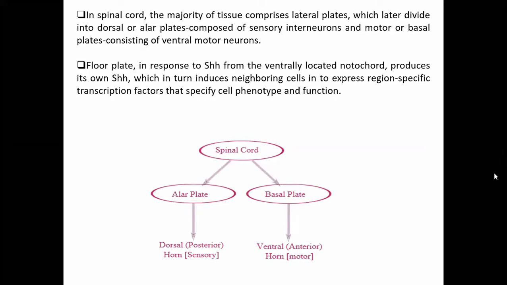In the spinal cord, the majority of tissue comprises lateral plates. So your spinal cord comes from your longitudinal dimension. It divides into dorsal or alar plates, which are composed of sensory interneurons, and motor or basal plates consisting of ventral motor neurons.